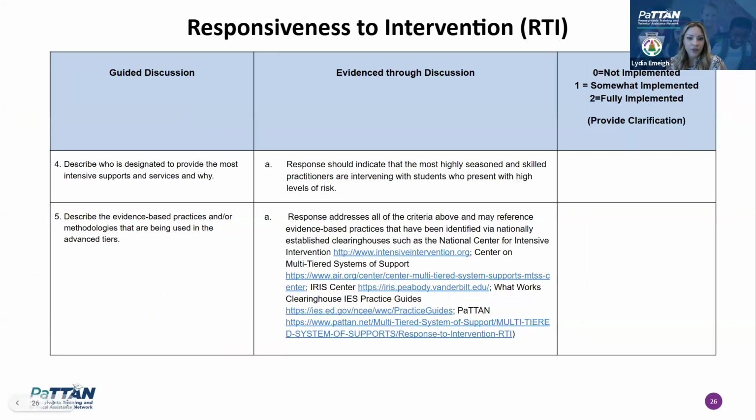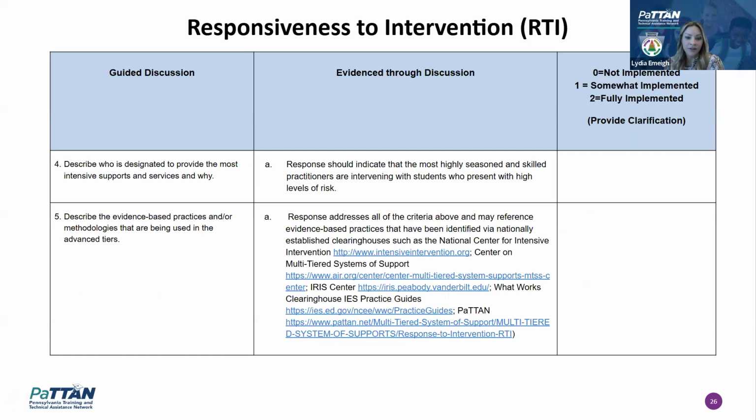Next, the LEA team will consider who is designated to provide the most intensive supports and services, and the rationale behind these designations. The LEA team should ensure that the most experienced and skilled practitioners are assigned to work with students presenting high levels of risk.